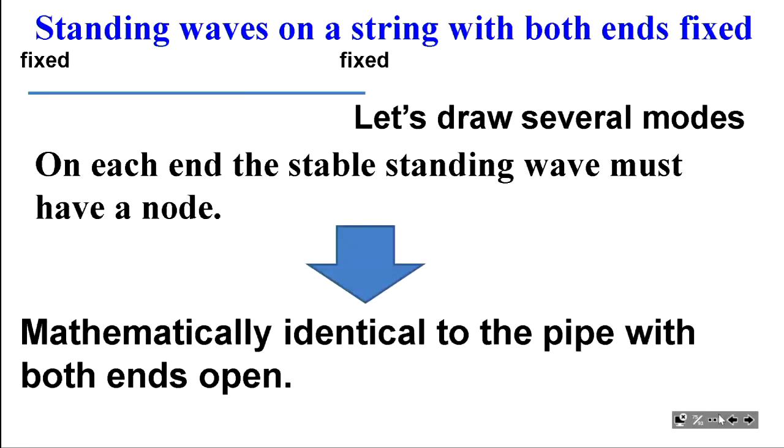So if you have a string, something like this, fixed ends, and if you have this called a bluegill, mathematics is exactly the same. What is the difference? Well, how do we calculate or measure speed? For the bluegill, the speed represents the speed of sound in this room. For a string, speed v represents the speed on a string, square root of tension over linear density.